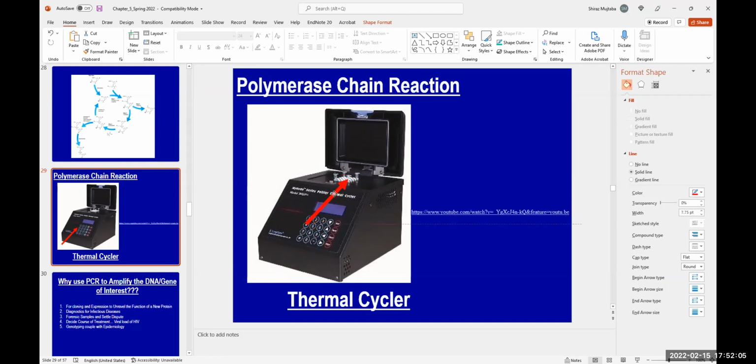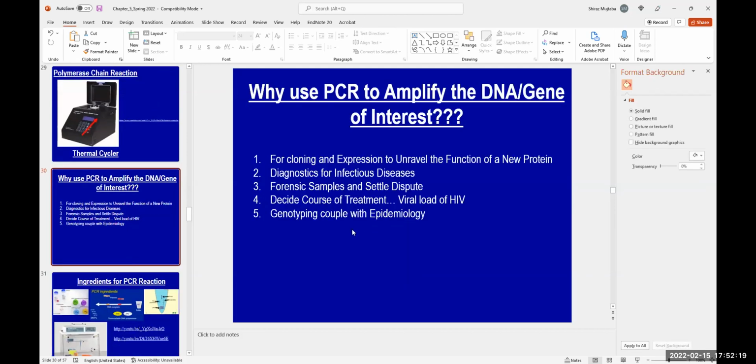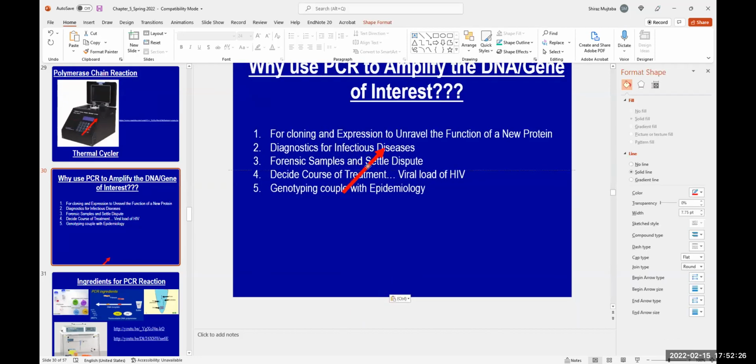This is the tube holder, and this is the cap that you can shut once you have put in the reaction, and just press the start button, forget, go back to your seat, have coffee, and come back. You come back and your gene is already amplified, right? So these are the utilities or significance of PCR: for cloning, for diagnostics, forensic treatment, and of course, genotyping.